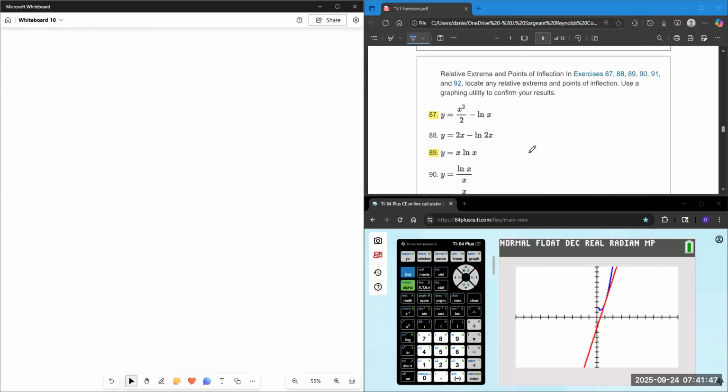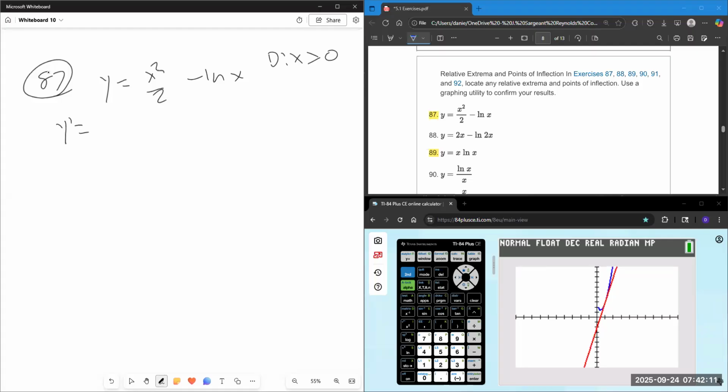And 87 says to find the relative extrema, points of inflection, and then use a graphing utility to confirm our results. So x squared over 2 minus ln of x. So my domain here has to be x greater than 0.